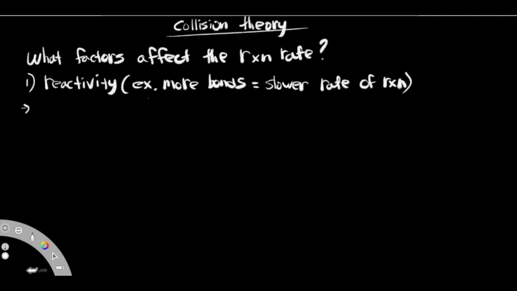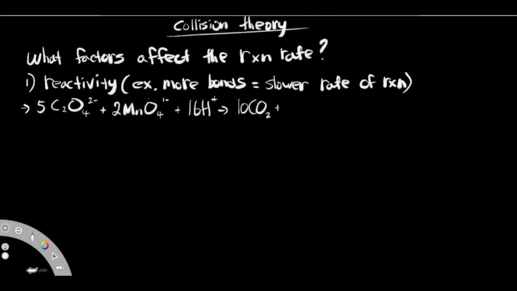Now, let's have a look at this one with 5C2O4 2-, an ion here, added with 2MnO4-, also an anion, and then we're also going to add 16 hydrogens, H+, a cation, and this is all going to be producing 10CO2 plus 2Mn 2+, and 8H2O.